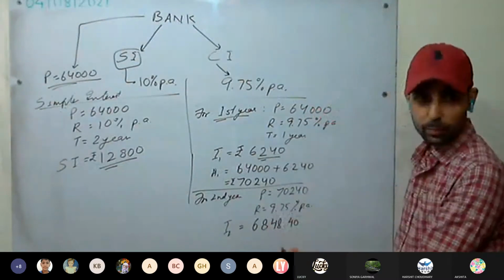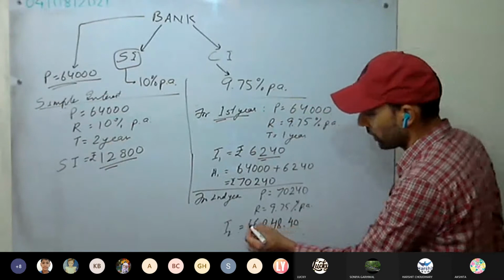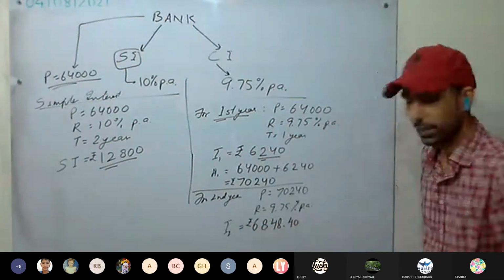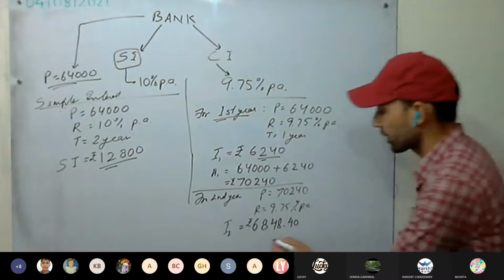In rupees, you usually put an extra zero, 6,848.40. If you do not put it, it's fine, but usually put two decimal places. Okay, this is the interest.